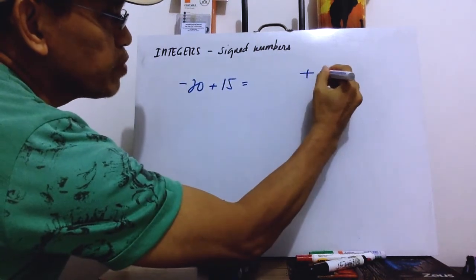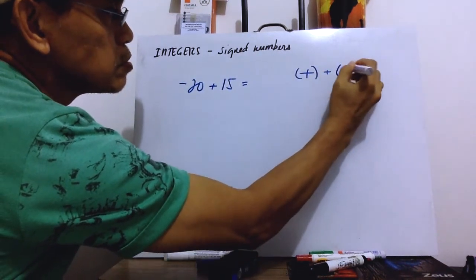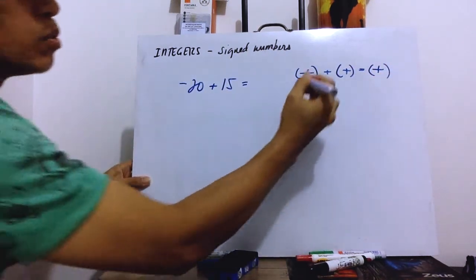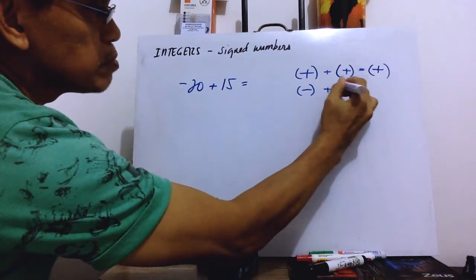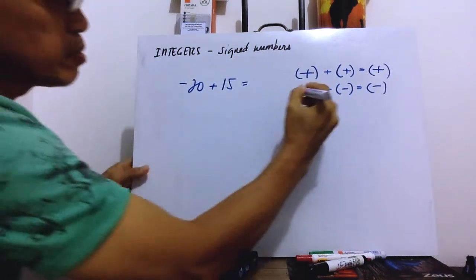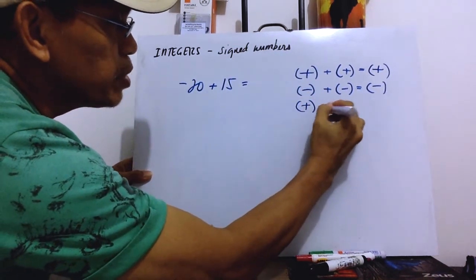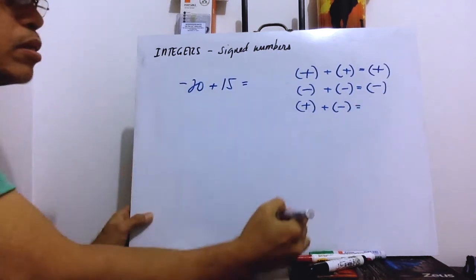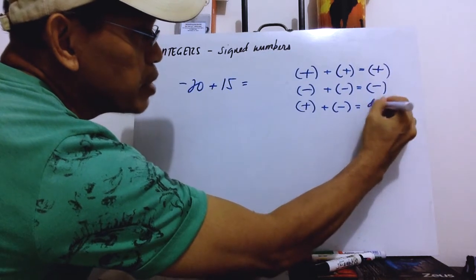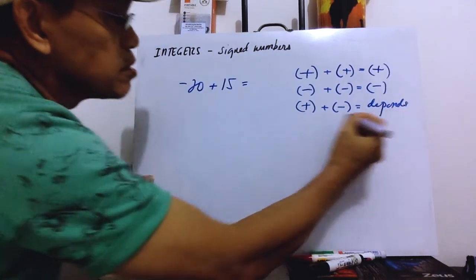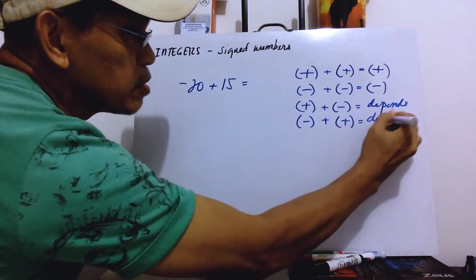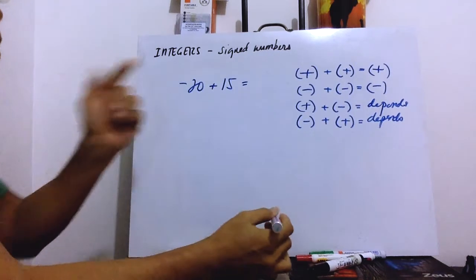When we're adding positive numbers, the answer is a positive number, of course. When we're adding two negative numbers, the answer is also a negative number. But when we're adding a positive number and a negative number, the answer depends. And when we're adding negative to positive, it still depends. I will explain that later.